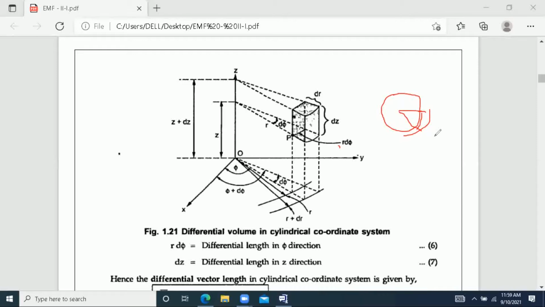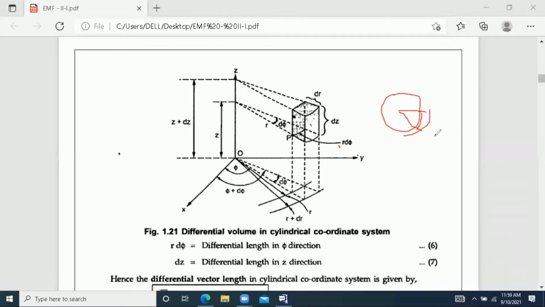Because 2 pi is 360 degrees. Yes, the 2 pi is the angle in radians, right?